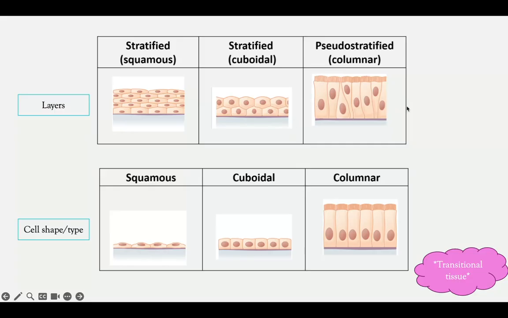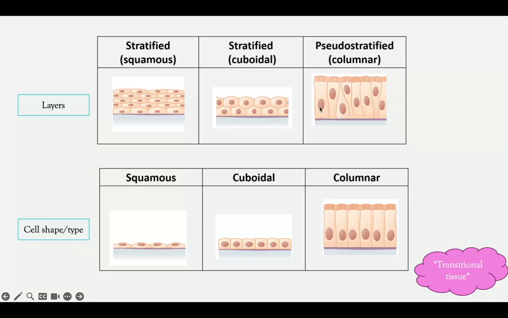Okay, so looking at the layers, if we have multiple layers, we call it stratified. Multiple layers, stratified. And literally, even if it's two, okay, it's still more than one, so we call it stratified.